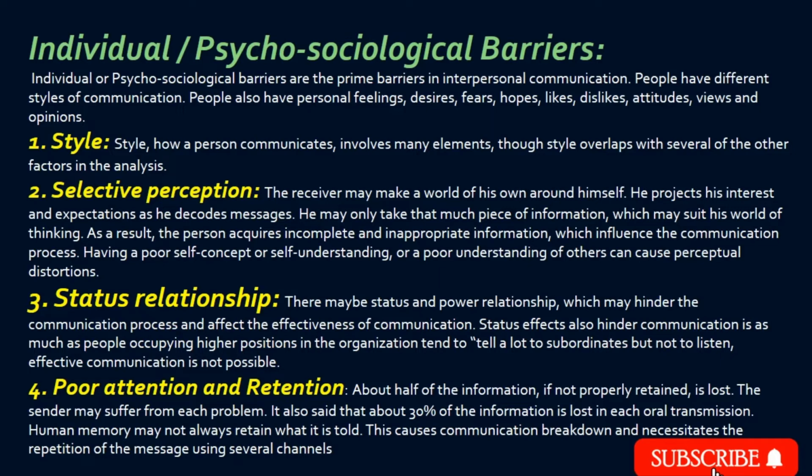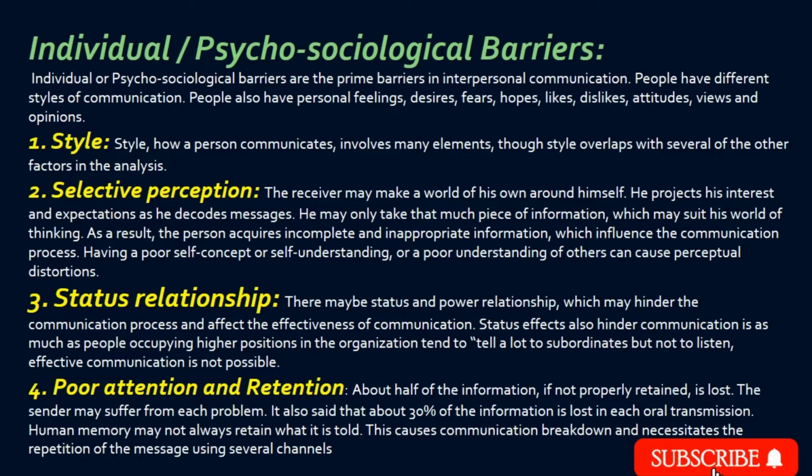So sometimes the body language is a little bit different. Some are very humble and some are a little bit bold, so their body language is different. So the person who is communicating should first learn about the person and then receive the message. The first one is style.